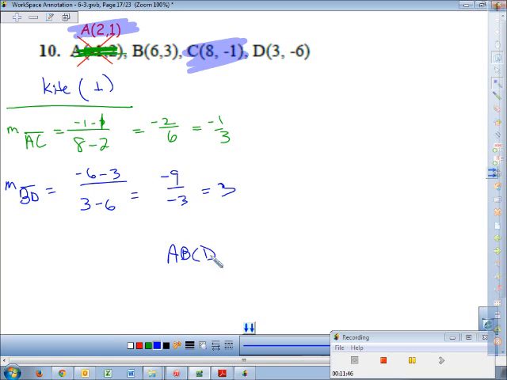ABCD is a kite because the diagonals, first tell me about the diagonals, because the diagonals are perpendicular. Then in parentheses, you need to also explain to me why you know the diagonals are perpendicular, and that's because of opposite reciprocal slopes, which you can abbreviate.